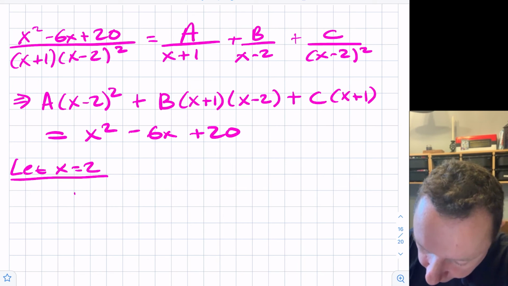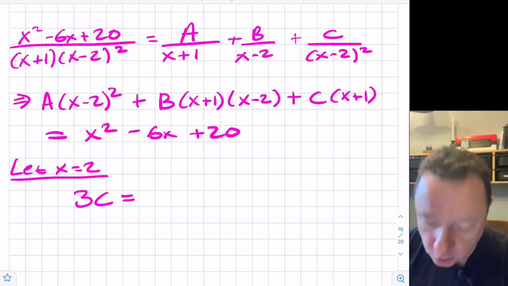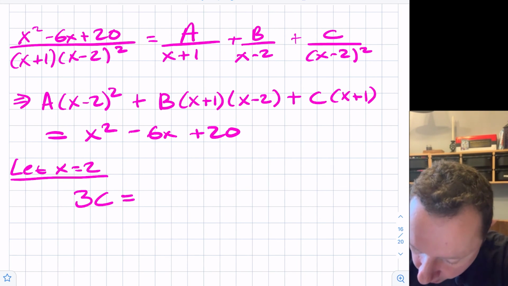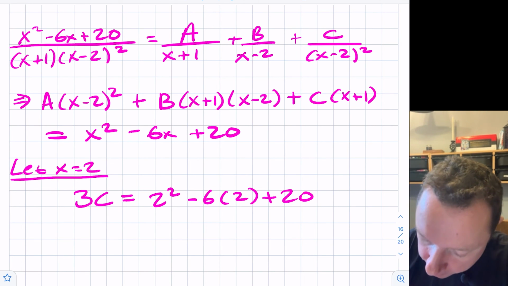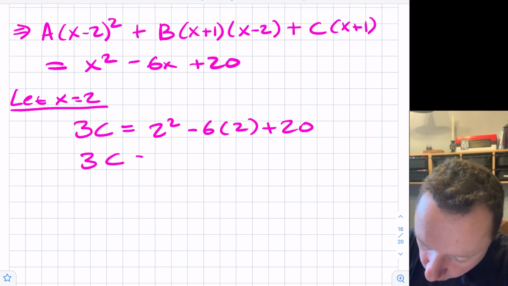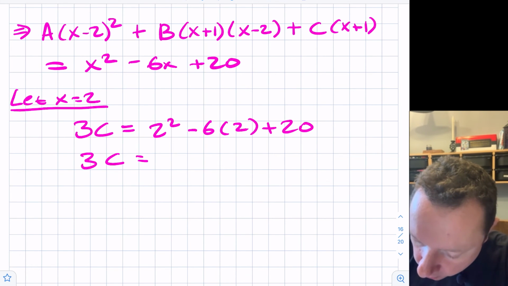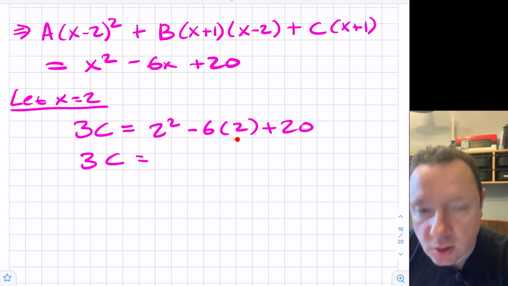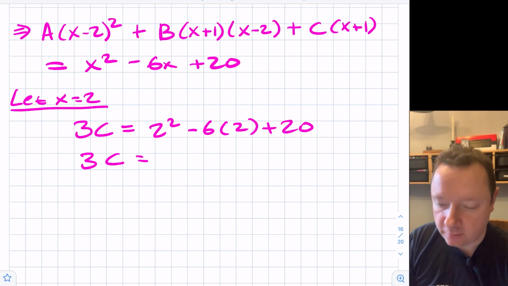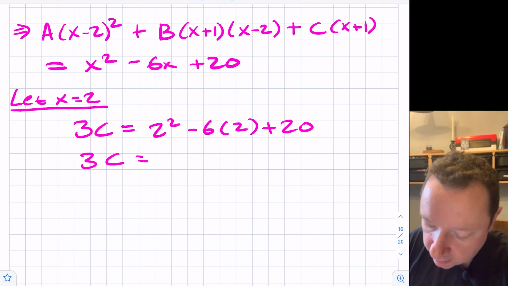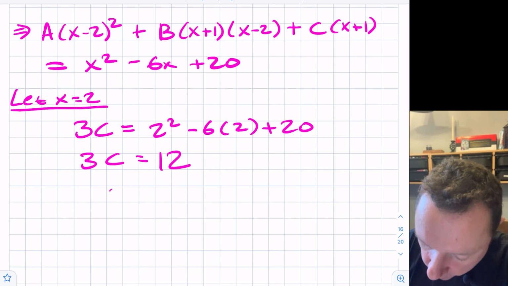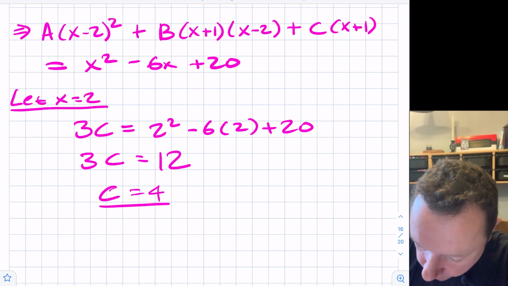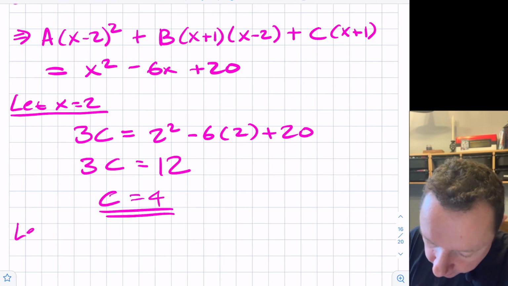So 3c equals, substituting 2 into the right-hand side, 2 squared minus 6 times 2 plus 20. So 3c equals 4 minus 12 is negative 8 plus 20 is 12 again. So in other words, c equals 4. So now we can let x equal another number.